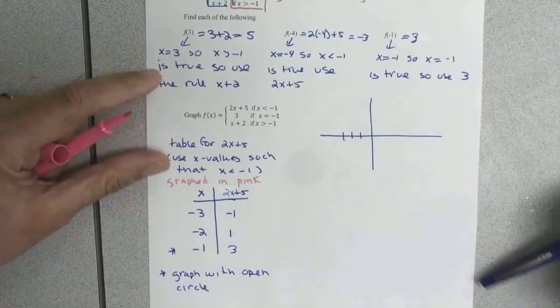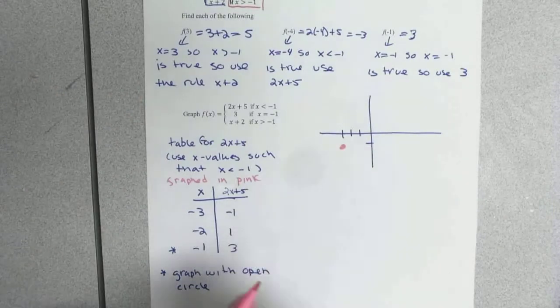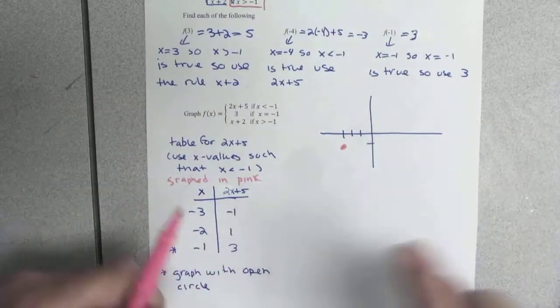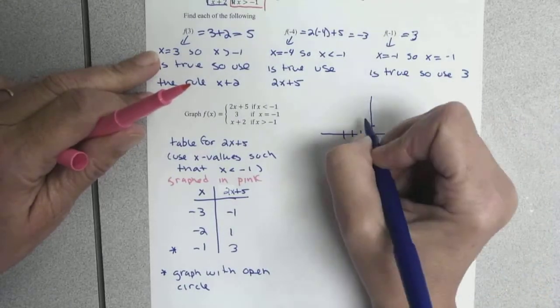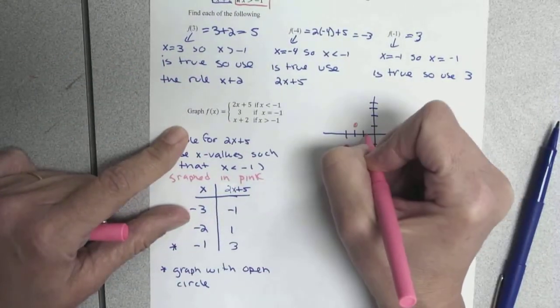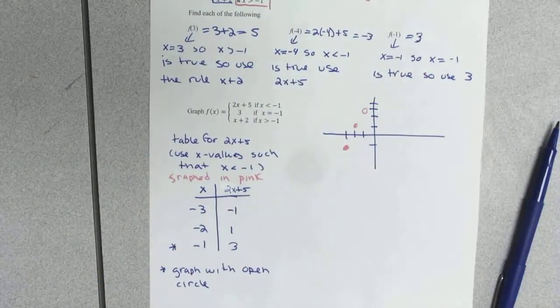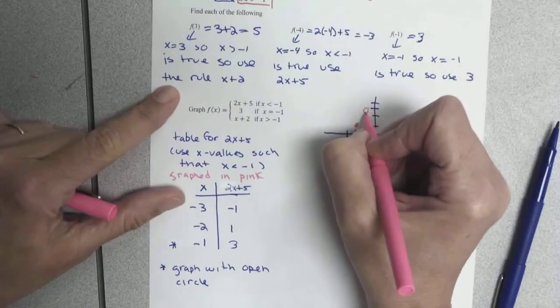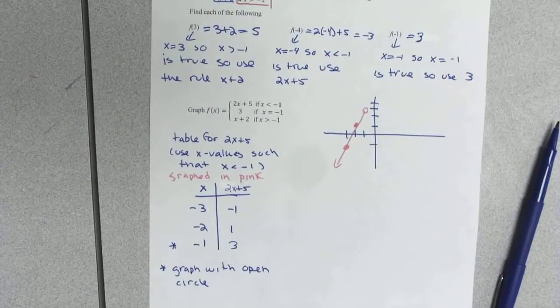So I'm going to have -3, -1, -2, 1, and then -1, 3 with an open circle, and then the graph would look something like that. So there's the first branch.